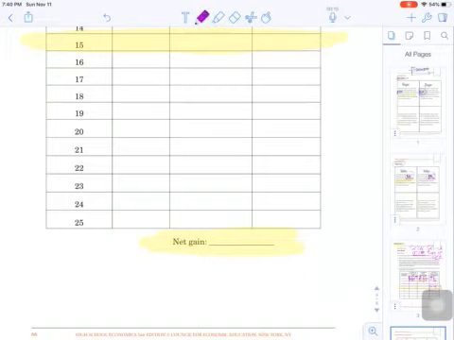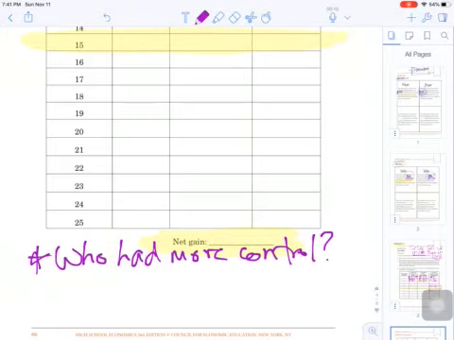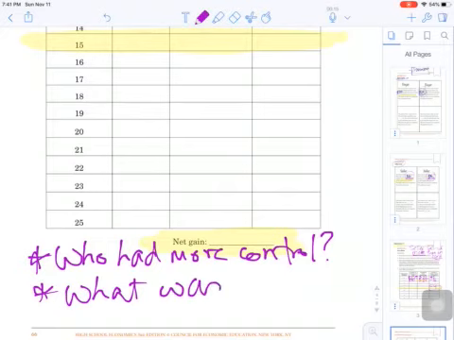I also would like it if you responded to the question like, who had more control? So was it buyers or sellers? And then could people figure out what equilibrium was? So what was the equilibrium price?